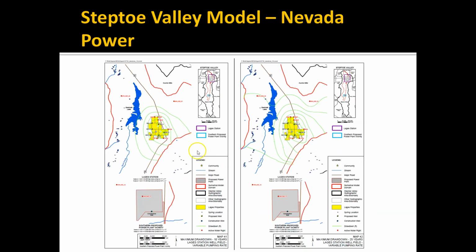And then during the predictive phase, we had a series of wells in these locations shown. So these yellow squares here you see are the property boundary where the power plant would be located, and they'd be pumping groundwater.